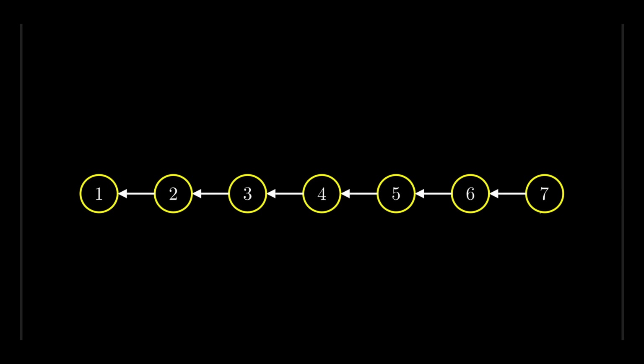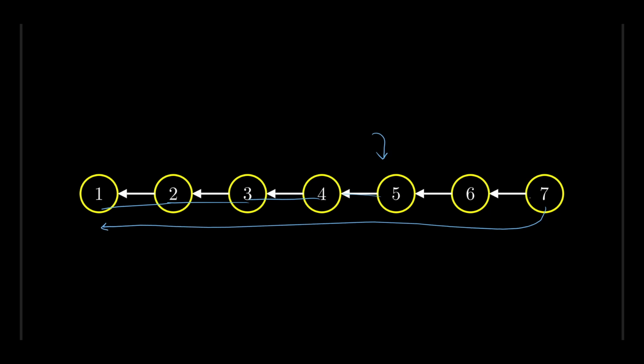Why? Because any vertex can reach any vertex but only in one direction. For example, if you pick vertex 5, it can reach vertex 4 and vertex 3 and vertex 2 and vertex 1 and so on. Similarly, vertex 7 can reach all the vertices towards its left. This is exactly what a line graph means.